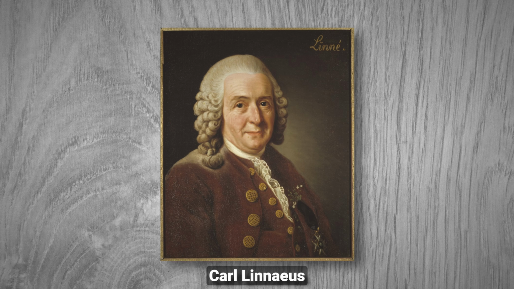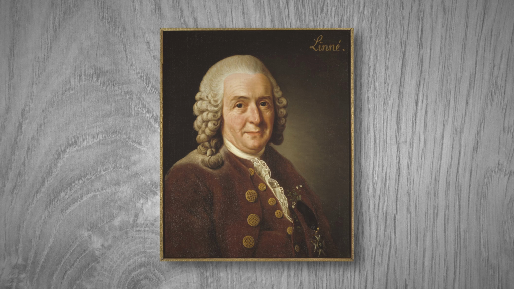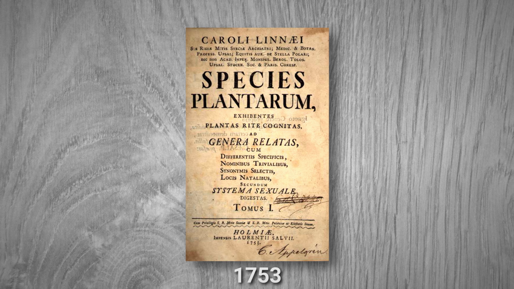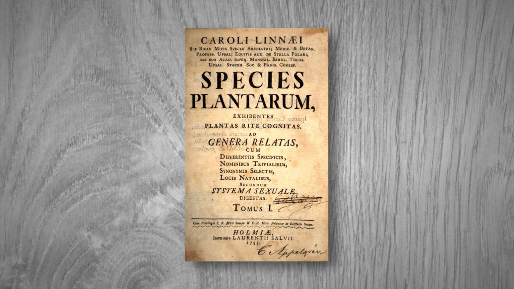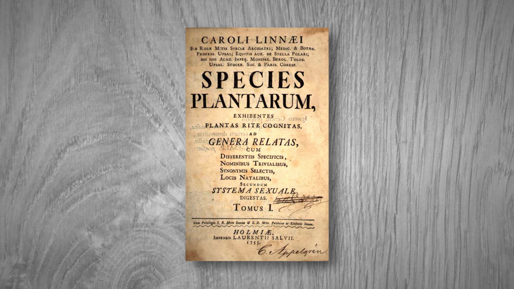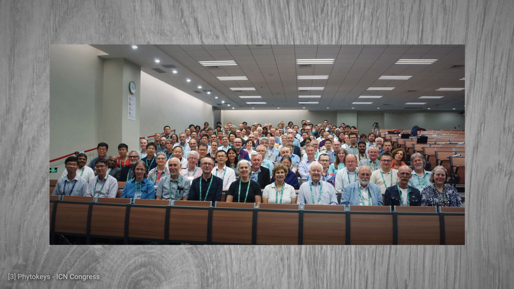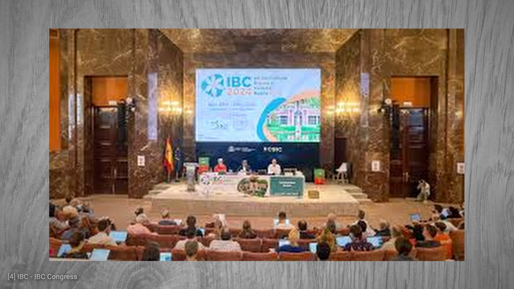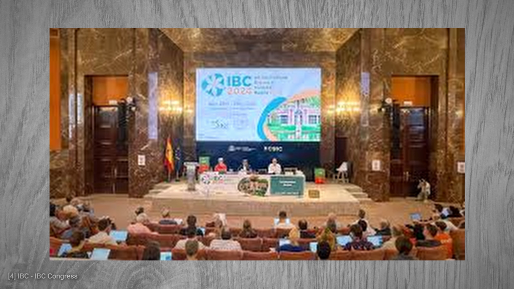The modern system of botanical nomenclature has its roots in the work of Carl Linnaeus, whose publication Species Plantarum in 1753 is considered the starting point for modern plant naming. Over the years, the rules have evolved through various international botanical congresses, with significant revisions to accommodate new scientific discoveries and methodologies.